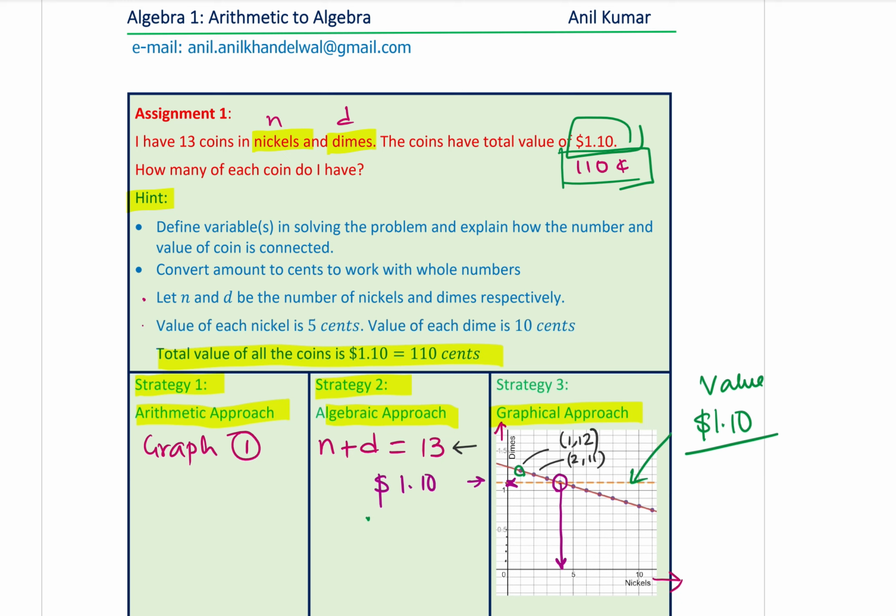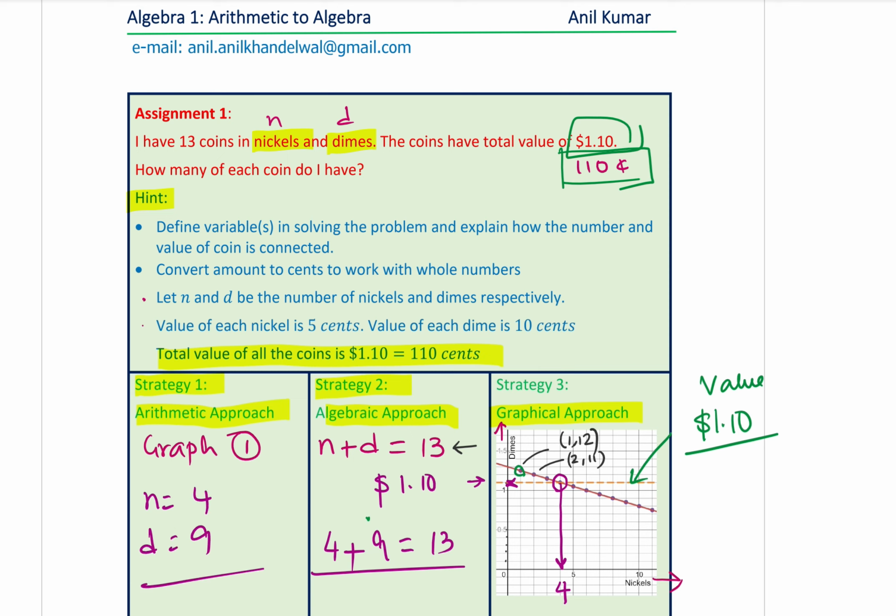It seems that we have 4 nickels, and from the graph we have 9 dimes. So 9 dimes, and even the value will work out. You can check the value for 4 nickels and 9 dimes.